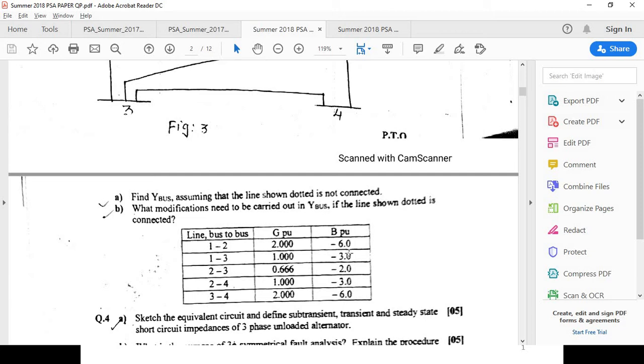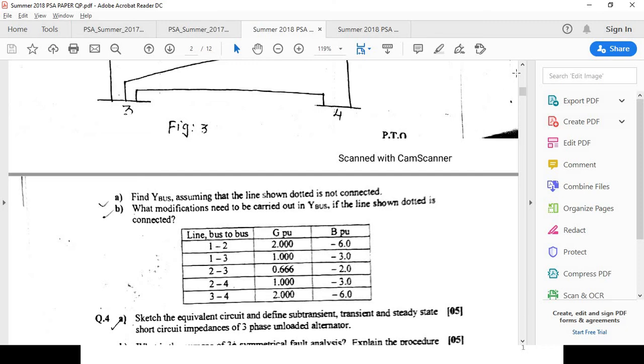So we have the idea that admittance is the sum of conductance and susceptance. That is, for bus number 1 to 2, the admittance is 2 minus J6 per unit, because G minus JB. Similarly, from this table you will get the admittance for different combinations of buses.